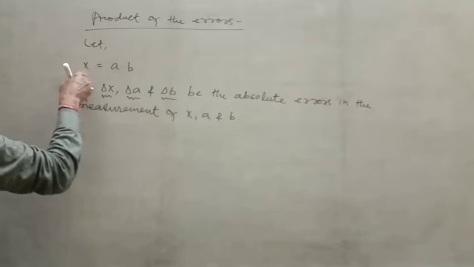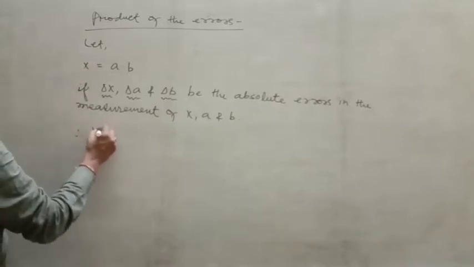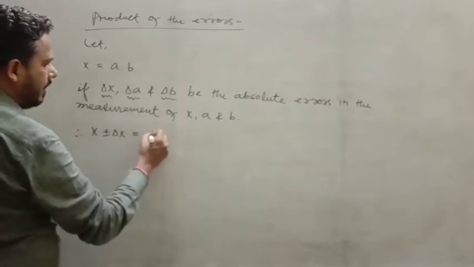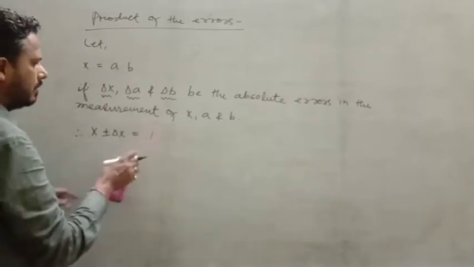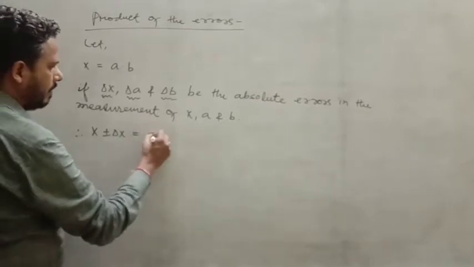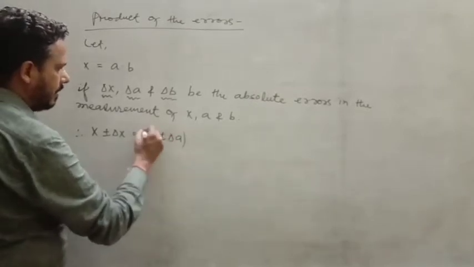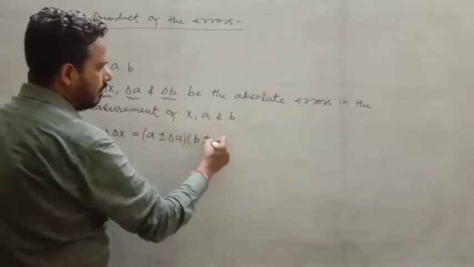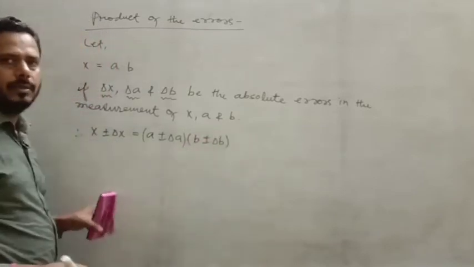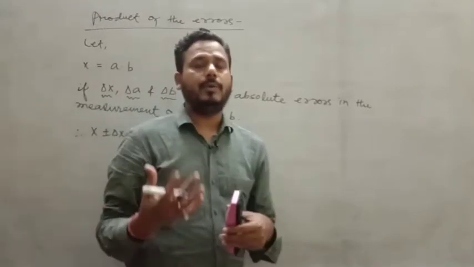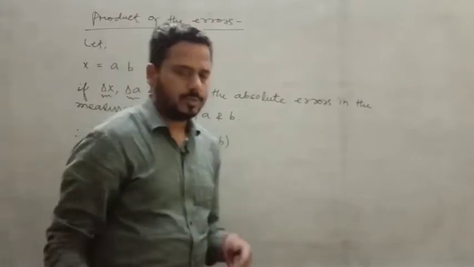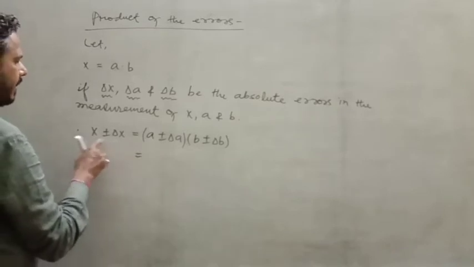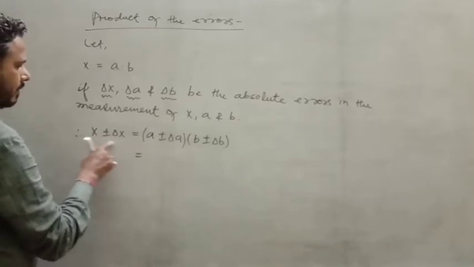Alright, therefore your resultant x plus minus delta x is equal to a plus minus delta a, and the product of the other one, that is b plus minus delta b. Okay, and then you have to take its product. So how? Simply, first of all you take x outside in both of the factors.